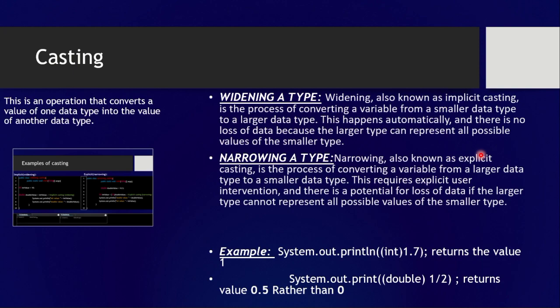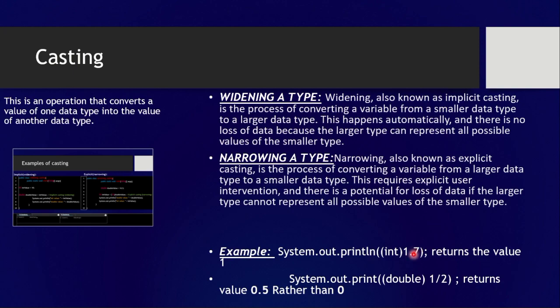So I talked about truncation in the previous videos, and truncation is basically a form of narrowing a type. An example could be System.out.println of 1 / 2, meaning we are only going to get the output of 0 here because we've truncated this value. We've declared this value as an integer, which means we're going to do away with the decimal value here.